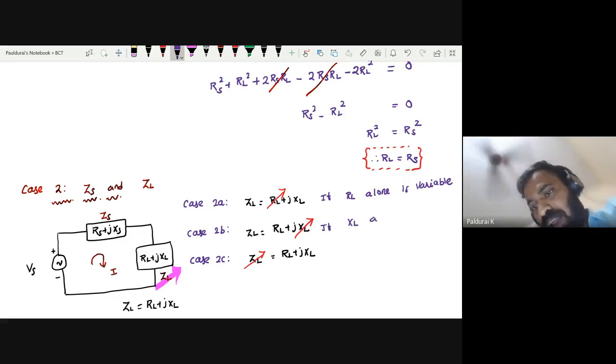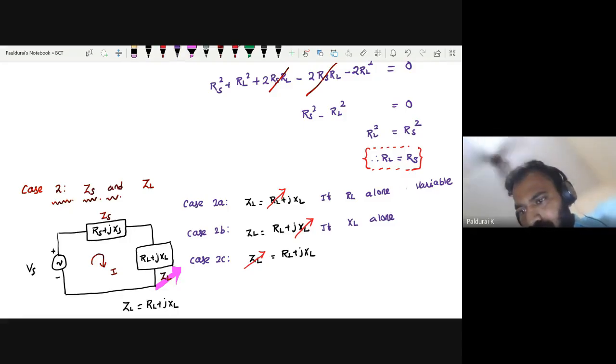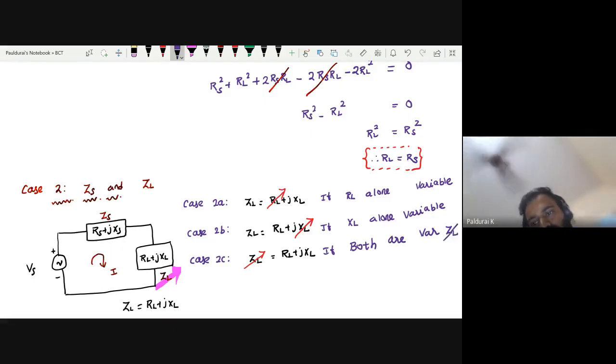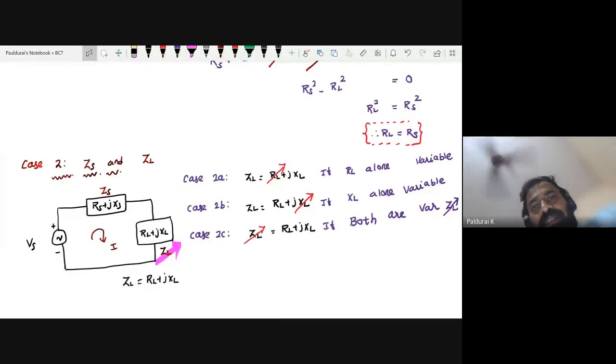Then if XL alone is variable, and if both are variable, meaning ZL is variable. What is the condition in each case? The combination of these two effects gives what I straight away gave: ZL equal ZS conjugate, right?